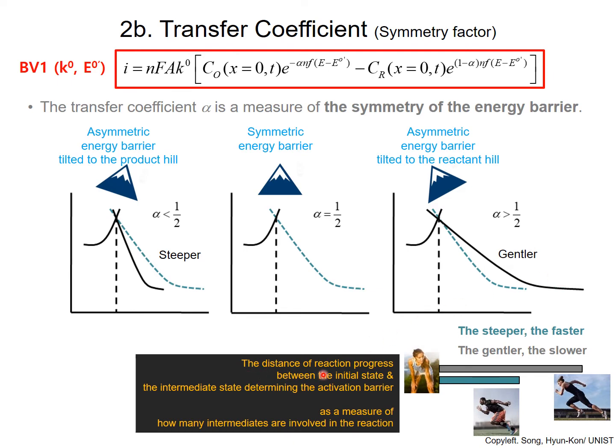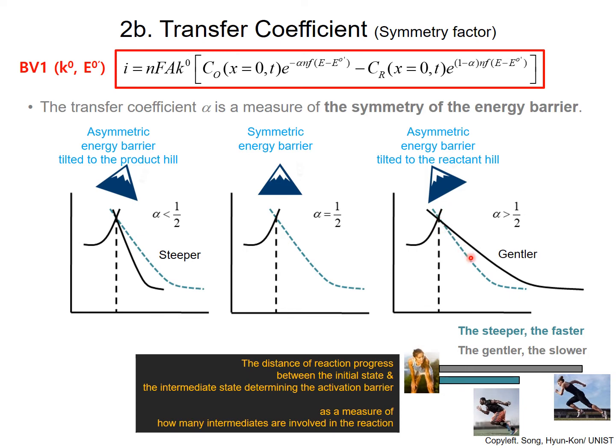The distance of reaction progress along the x-axis between the initial state and the intermediate state determining the activation energy could be used as a measure of how many intermediates are involved in the reaction. Let me compare those two product curves.